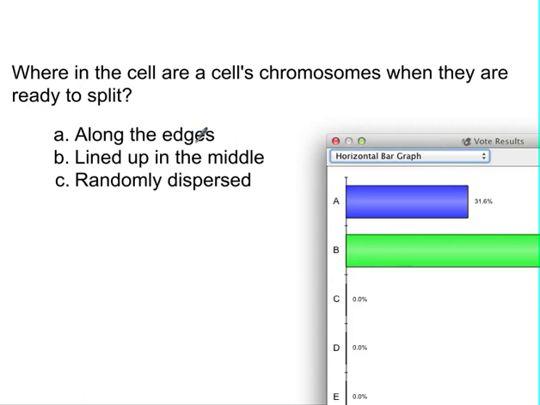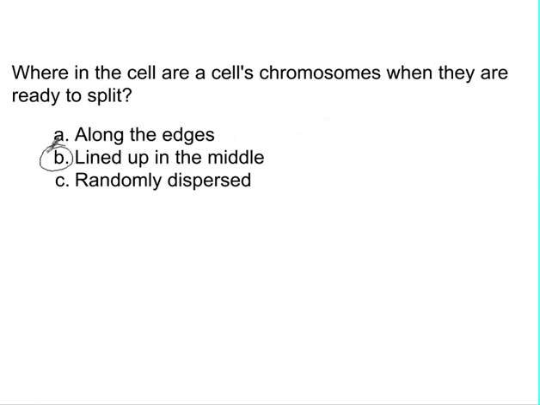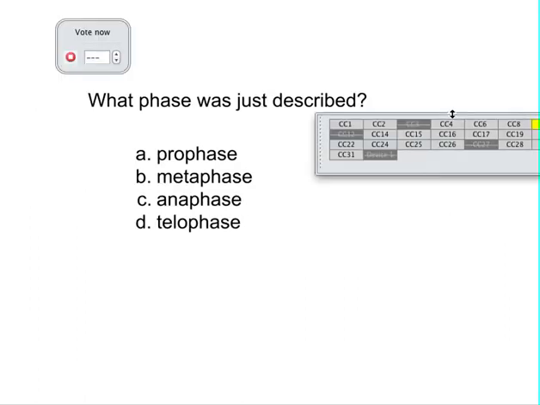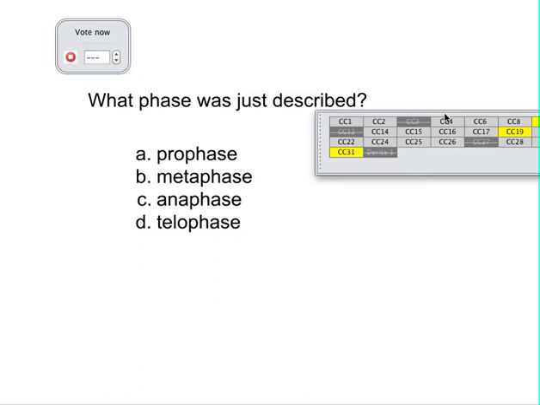If they were along the edges, they would have already split, right? So we know that when they're ready, they're lined up in the middle like this. And what phase is that called? Metaphase. That's the question. What phase was just described? When they're lined up in the middle. Yes.